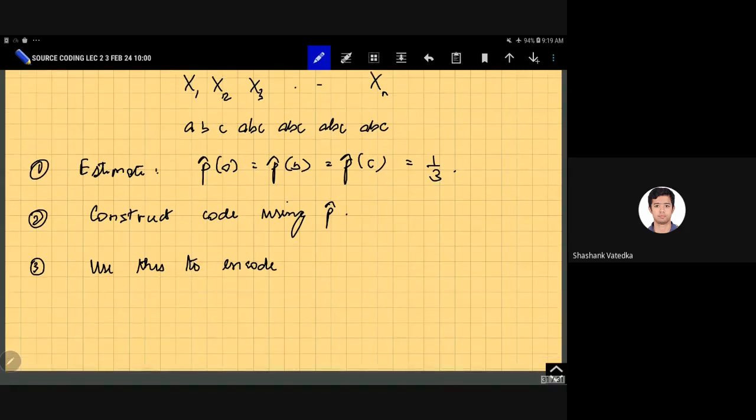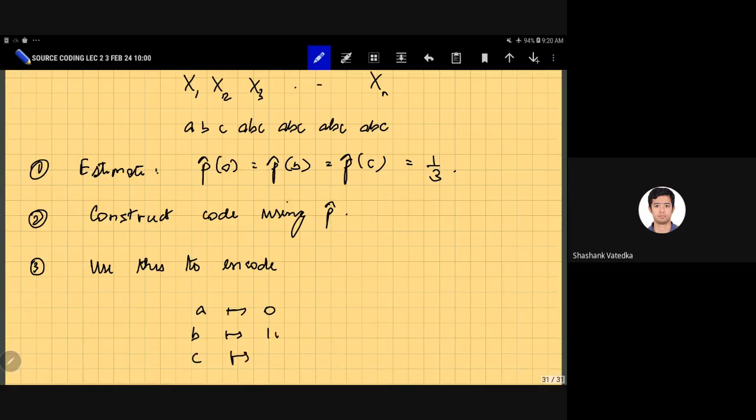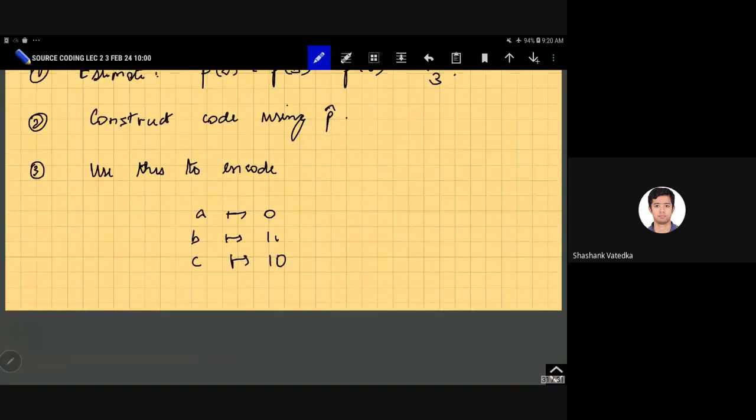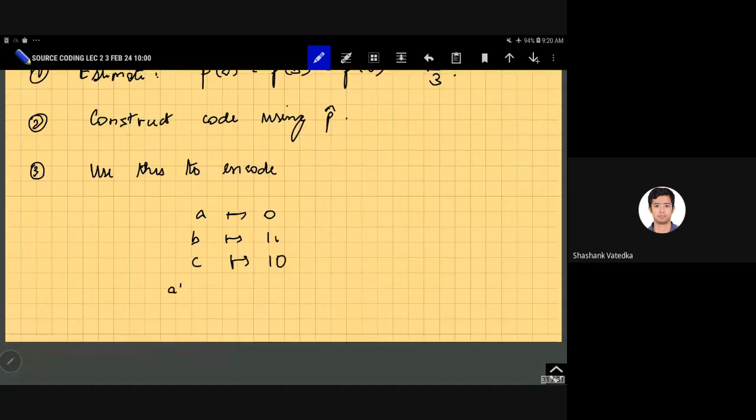So maybe A gets mapped to the code word 0, B gets mapped to the code word 1 1, and C gets mapped to the code word 1 0. Okay, so the encoding of this particular sequence, A B C, A B C, A B C, A B C, and so on.